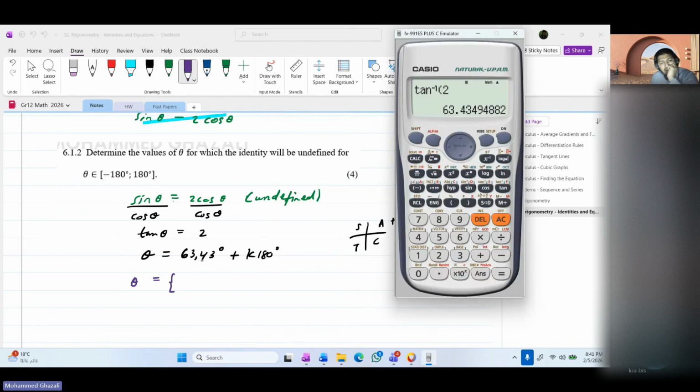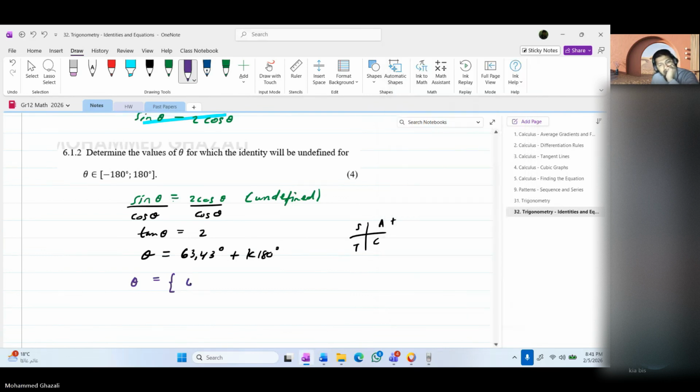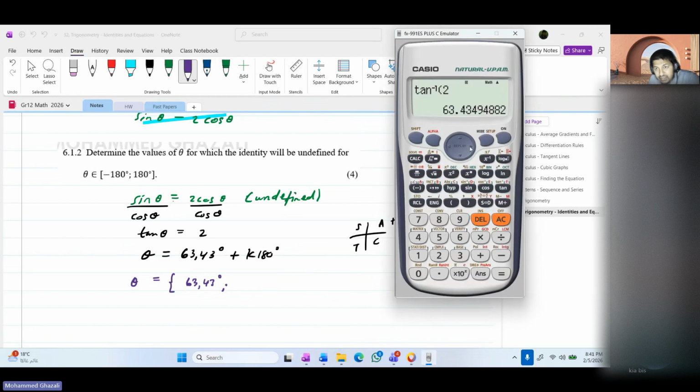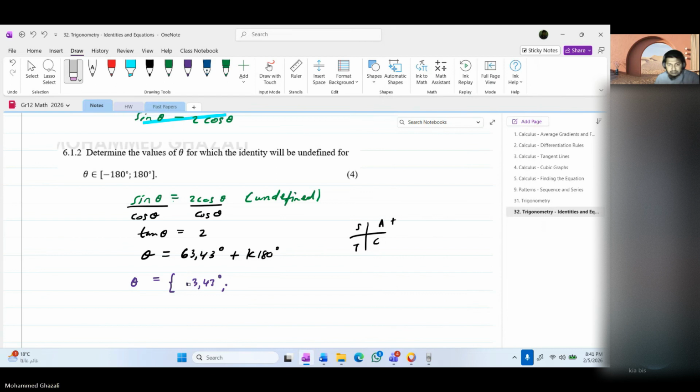So 63.43 will work because that's between minus 180 and 180. The negative answer will also work by substituting K as -1. -2 will be out of the boundary and 1 will be out of the boundary. So only two answers, one negative, one positive. Let me put it in order then. 63.43 does work.